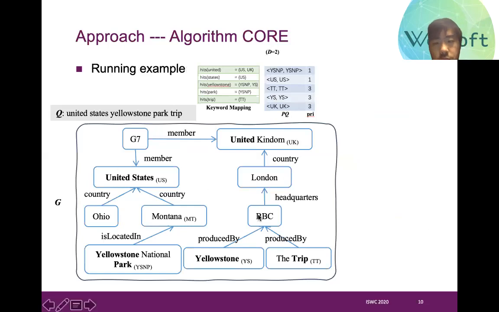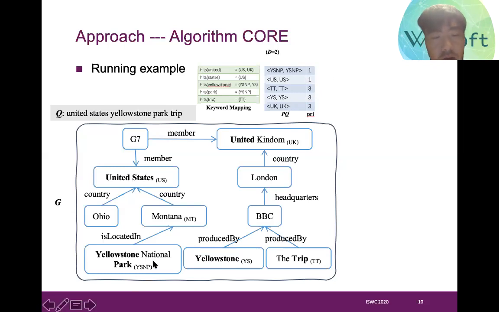So I can show you with this running example. We start with 5 keywords, and each keyword is mapped to 1 or 2 keyword vertices. So we have 5 unique keyword vertices, and we have to run 5 independent searches. And initially, the priority queue contains 5 vertices to be explored, and we compute their priorities.